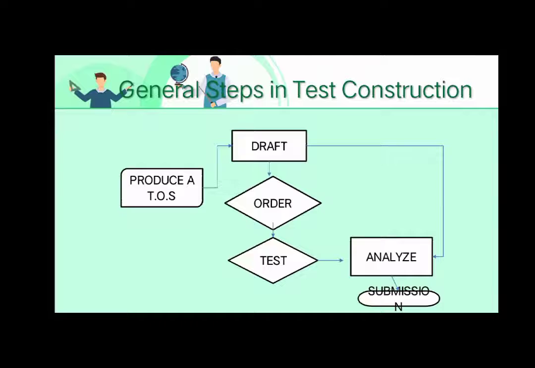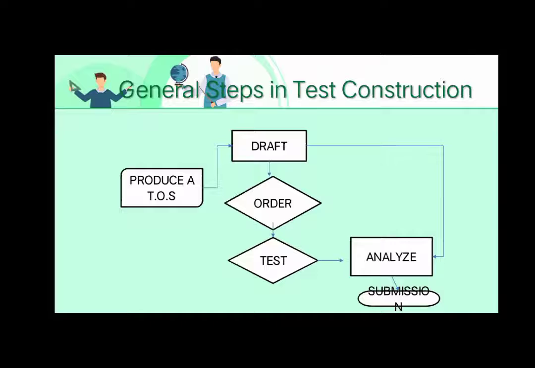In drafting, you should determine your teaching objectives for each topic area. The next step is order. In this step, you should determine the duration for each content area. You should write down how long you spent teaching a particular topic.